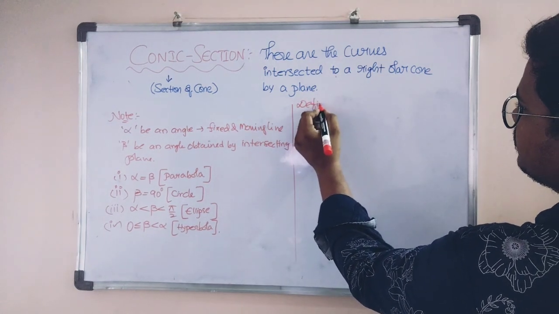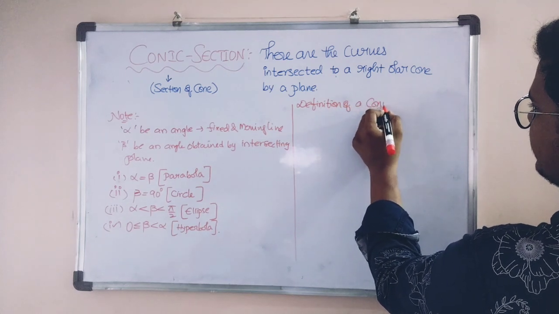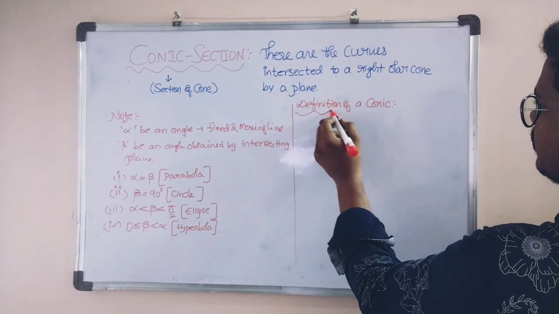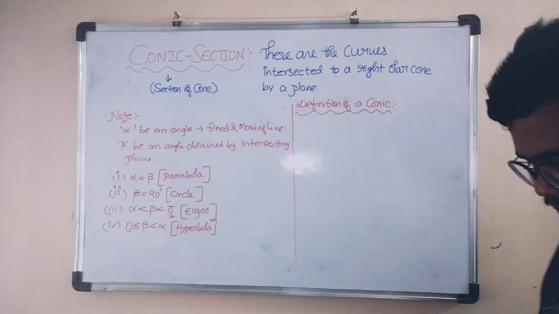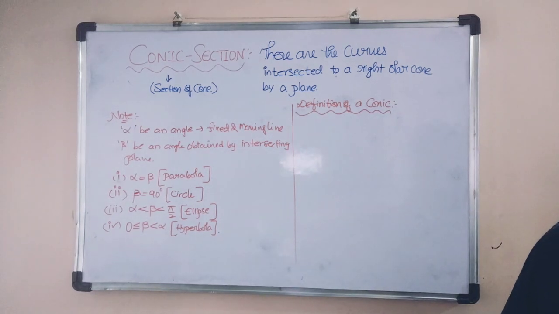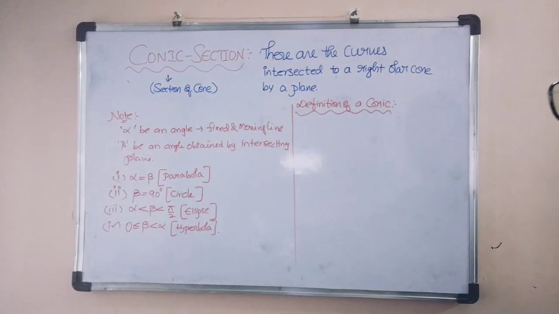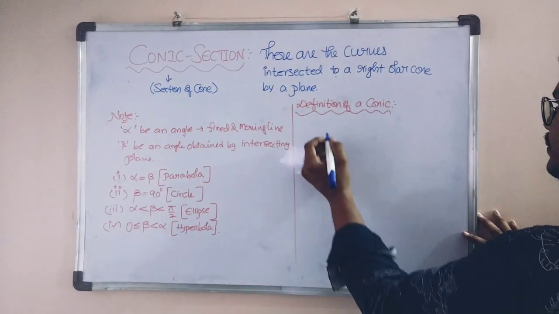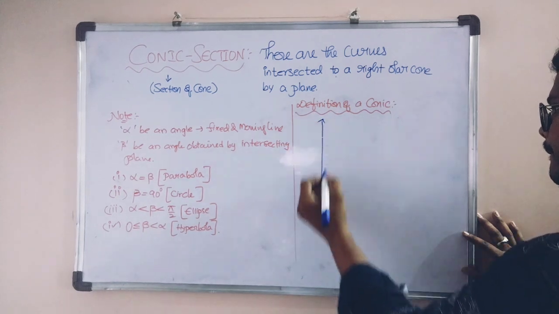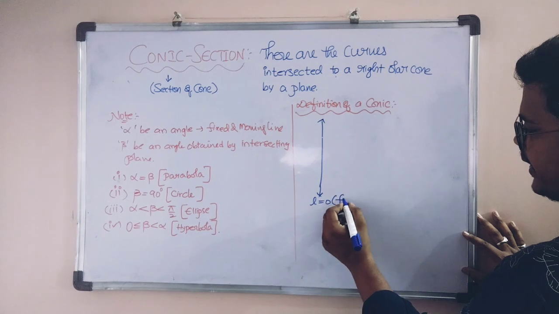Definition of a conic. Treat L equal to 0 as a fixed line.